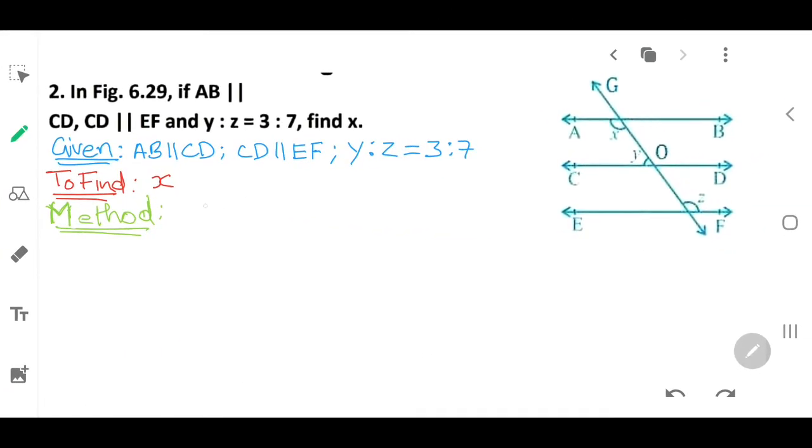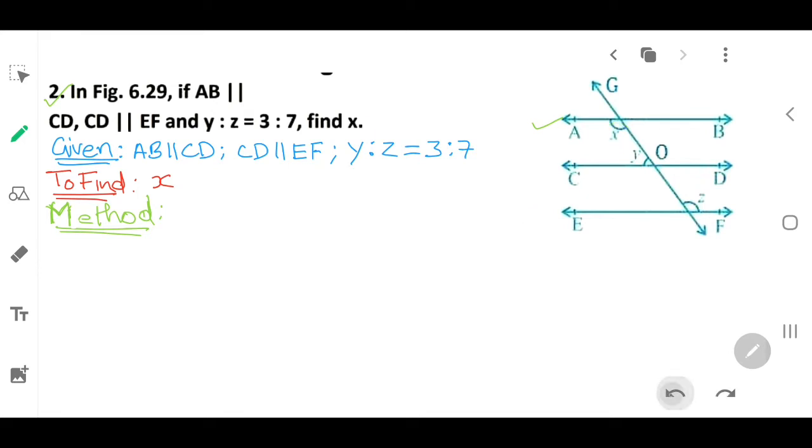Okay, students, we'll see the second question. In the figure, AB is parallel to CD and CD is also parallel to EF, this is already given to you. AB is parallel to CD and CD is parallel to EF. And you have to find x. So this value you have to find.